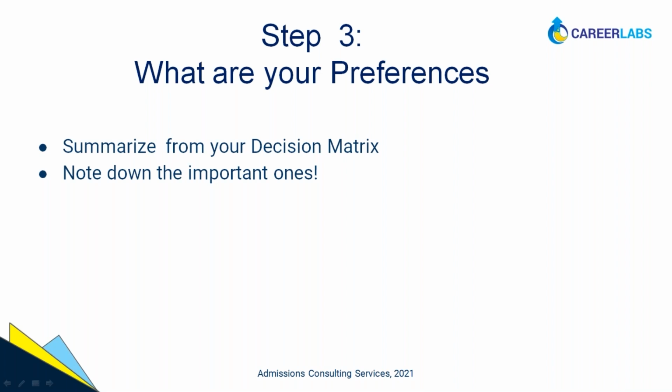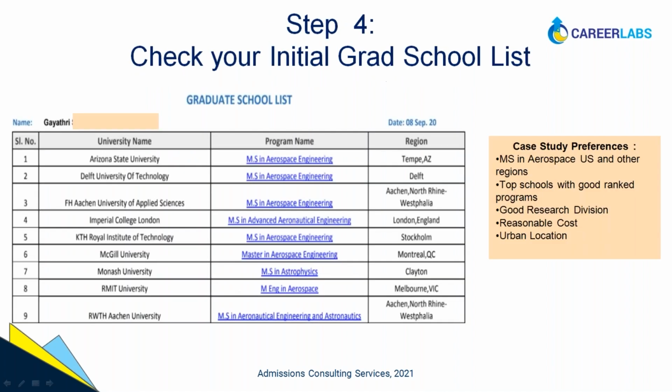So when we say preferences, we are talking about which intake you are going for and which program you want. Do you want MS in CS, or MS in ML? What is the area of specialization you're looking at? What is the country you're looking at? These are the main preferences that we ask you. And once you do that, you get a school list based on that.